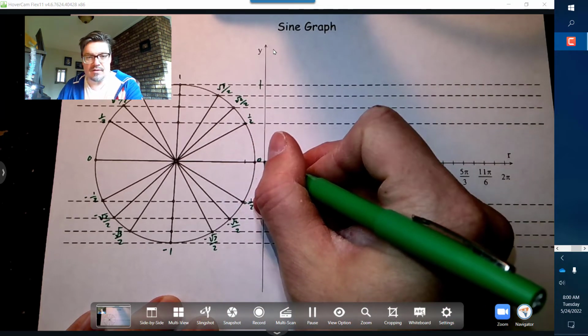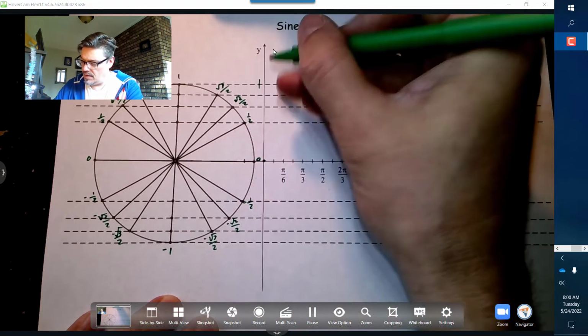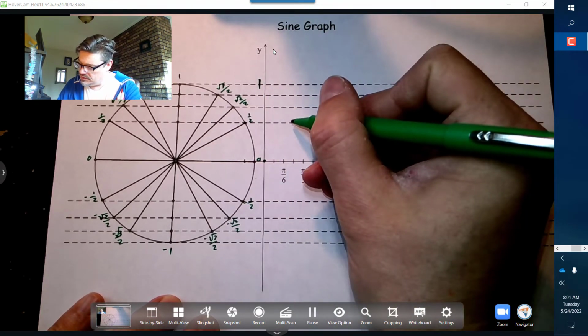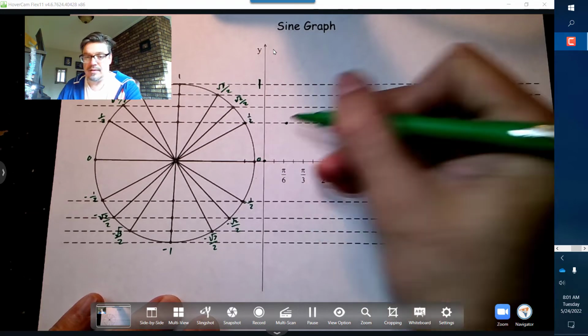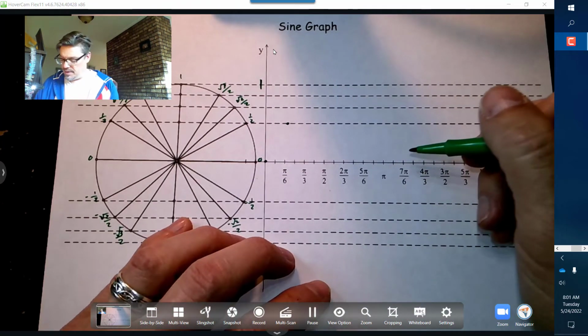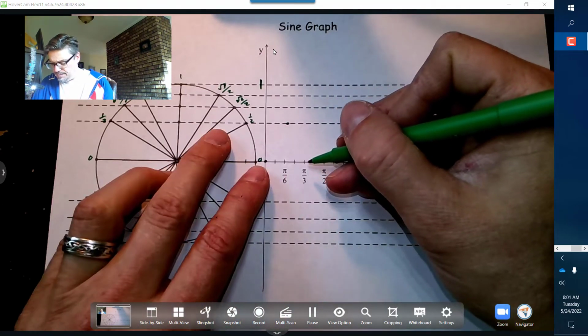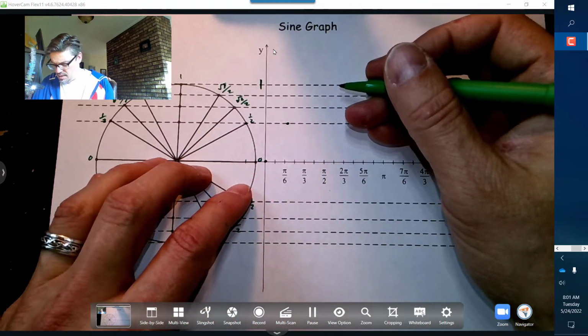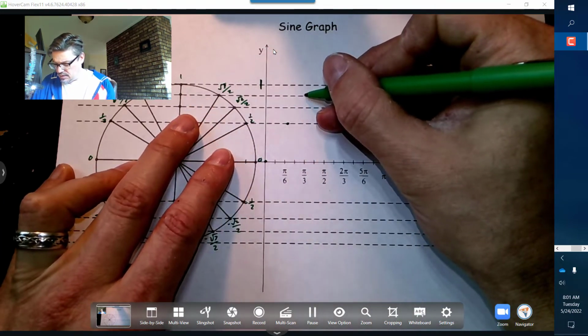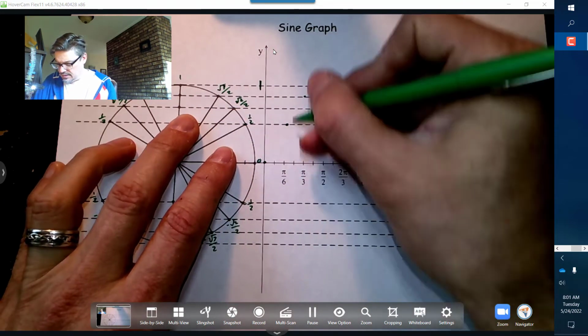At 0, it's 0. The tallest is 1. And then at pi over 6, we go to 1/2. I'm going to line up here a little better. Pi over 3 is actually right here, so in between here is right there.